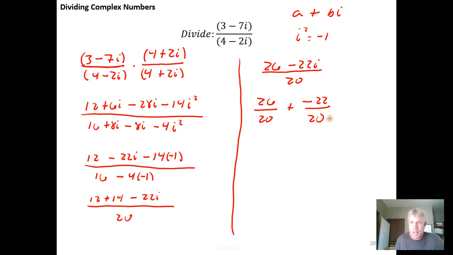I shouldn't write the i so it looks like it's down in the denominator. So my i goes here, and then I just simplify the two fractions. So 2 will go into both of these numbers. This will simplify to 13 tenths. Plus 2 will go into each of these, so negative 11 tenths i. And now I have my final result, a complex number in standard form.